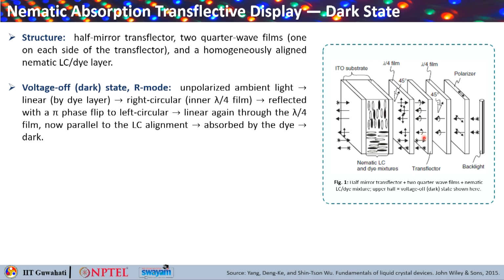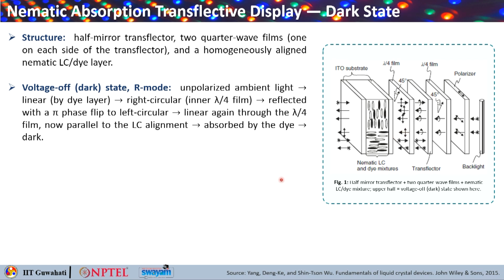Now when this left circular polarized light passes through the same quarter wave plate a second time, it is converted again into a linear polarization, but the polarization axis is now rotated to be parallel to the liquid crystal and dye alignment direction.